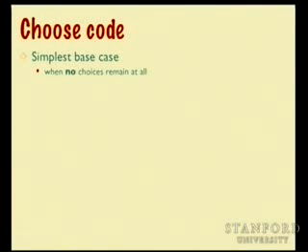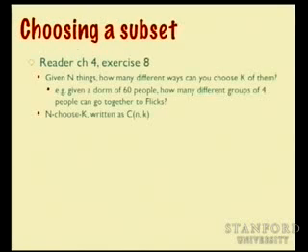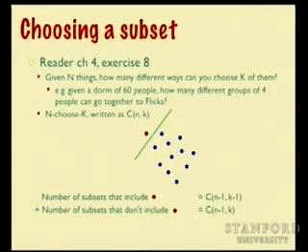just no choices remaining at all. So if you look back at my things here, in both cases the population is getting smaller. And in one of the recursive calls, the number of things I'm trying to pick is also getting smaller. So they're both making progress toward shrinking down to where there are more and more constraints on what I have to choose.